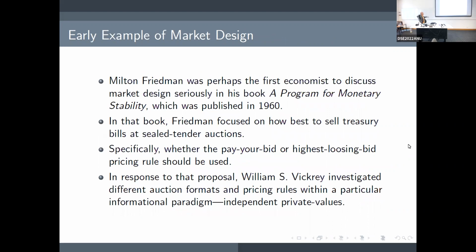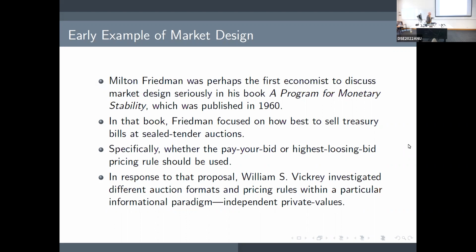The first person to think about this in any serious way was Milton Friedman, and he went back to looking at how treasury bills were sold in the U.S. He thought that was important because the prices in those markets fed through everything. At the time, I think they were using pay your bid, and he proposed an alternative.